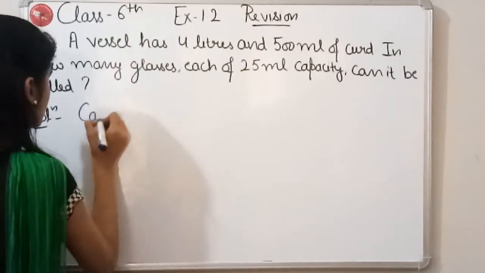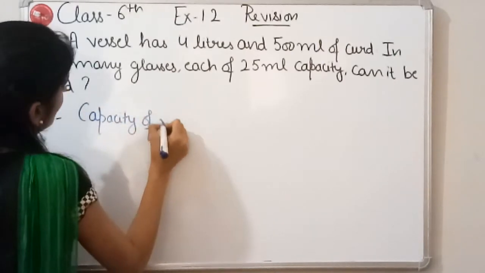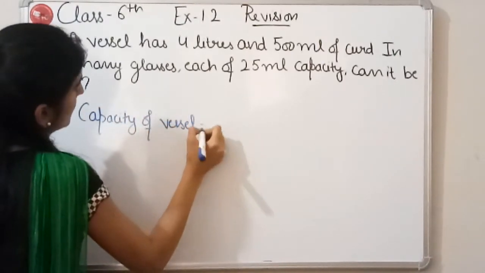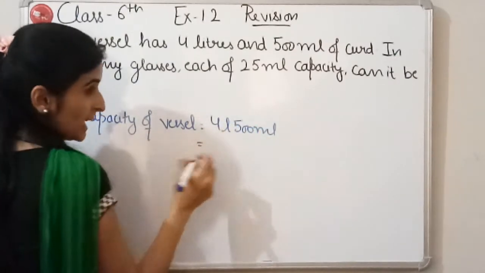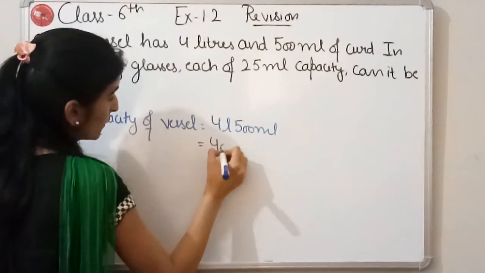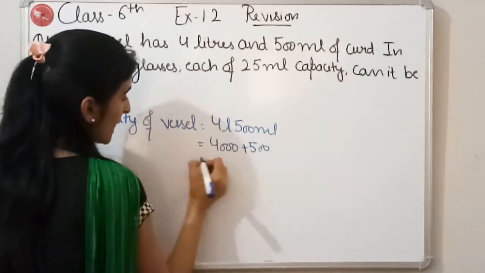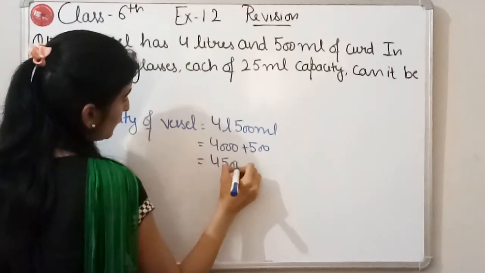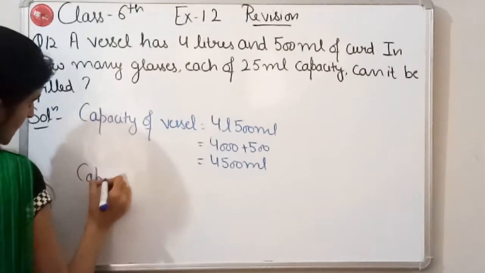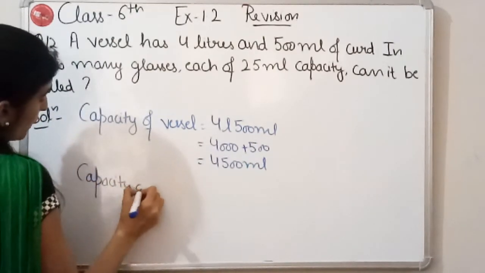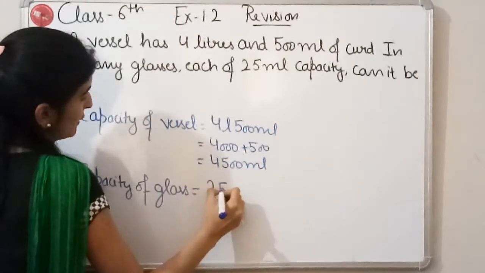Okay, so the capacity of the vessel is 4 liter 500 milliliter, as 4 liter is equal to 4000 milliliter. So 4000 plus 500 is equal to 4500 milliliter, and the capacity of a glass is 25 milliliter.